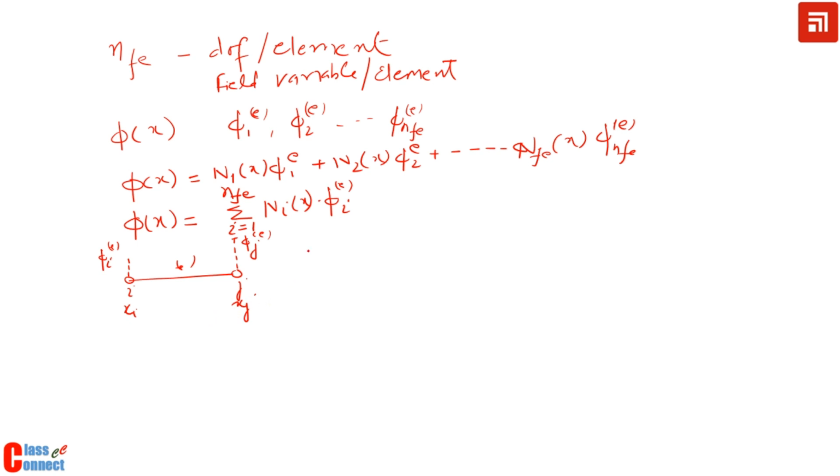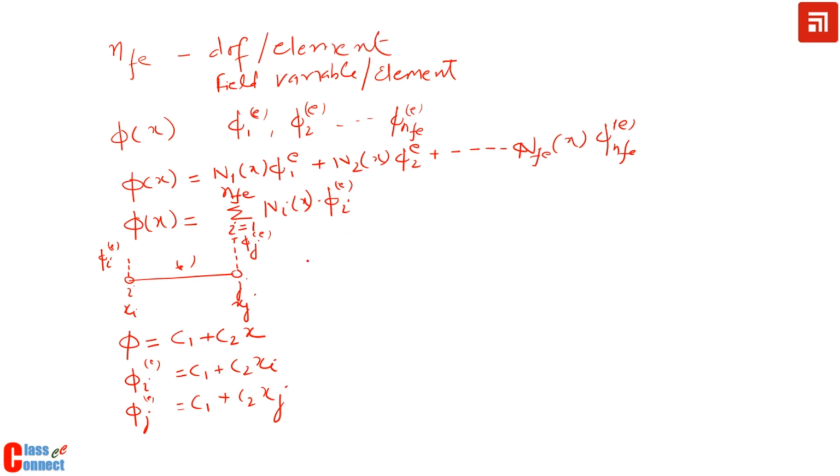Now from our previous knowledge about the two noded element, we can have a minimum of two terms for representing our field variable. So phi i we can write as C1 plus C2 xi, and phi j as C1 plus C2 xj.